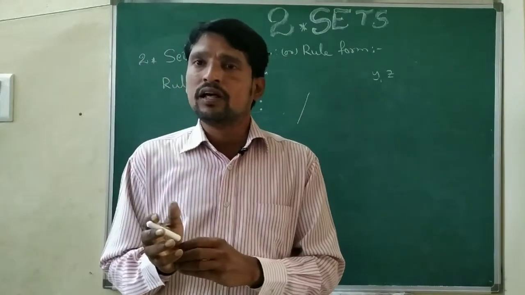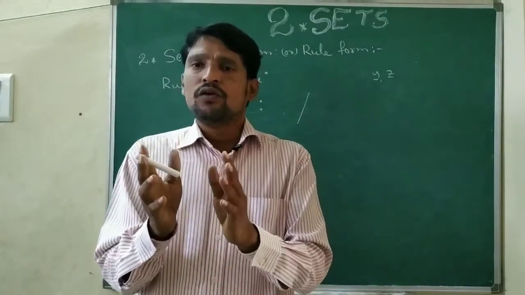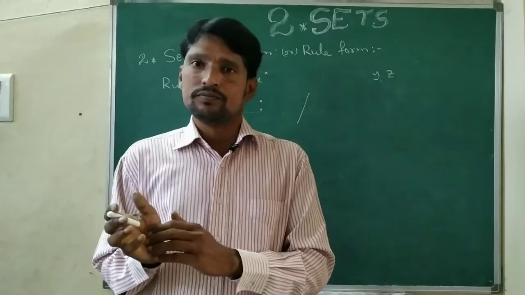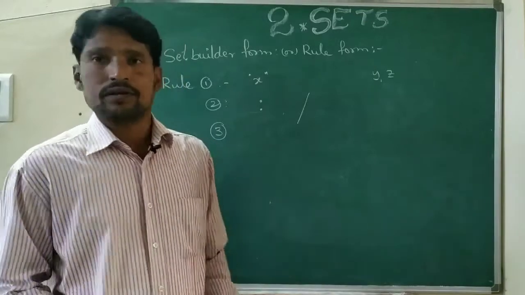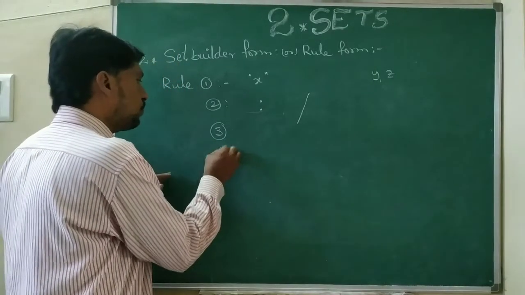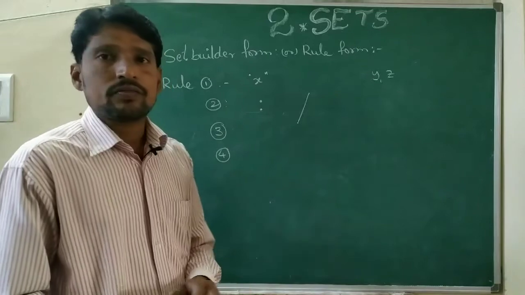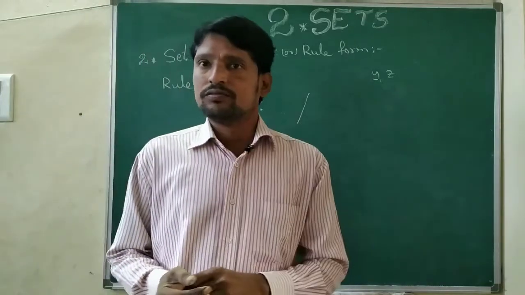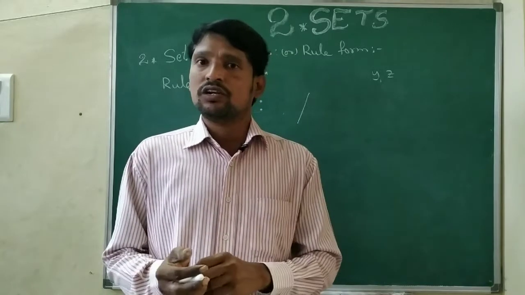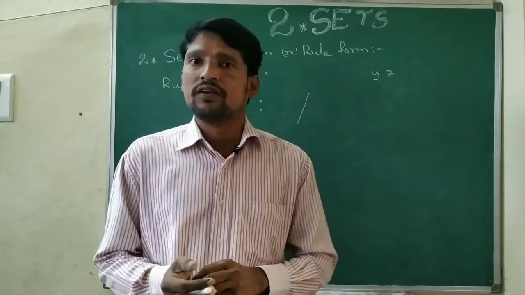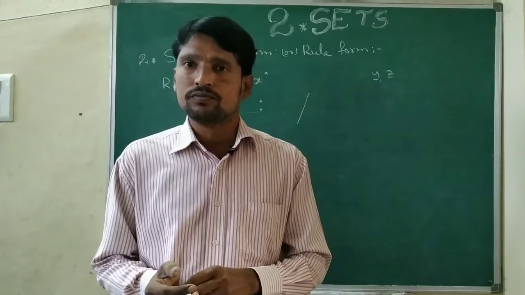For writing the set builder form, we definitely need the common property. The fourth one is the condition. It will occur only sometimes. What conditions are they giving? Those are the conditions we need to follow.